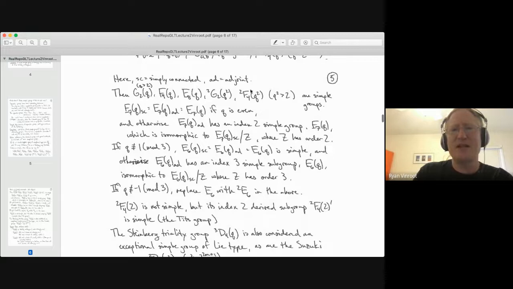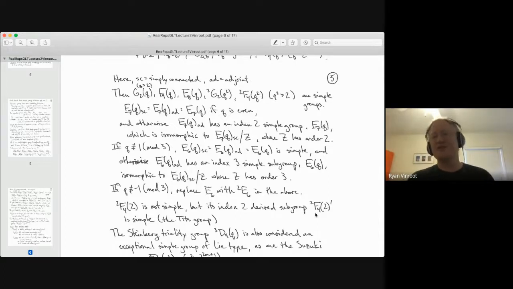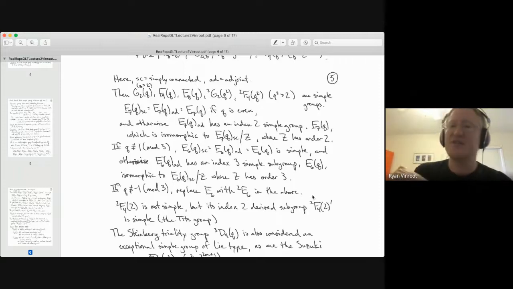There's also a funny exception. This Ree group when q is just 2 is not simple, but it has an index 2 derived subgroup called the Tits group, which is simple. This is sometimes called the 27th sporadic group because it's technically not a group of Lie type. You're not getting it in the ways we're getting the others up here, but it is a finite simple group.